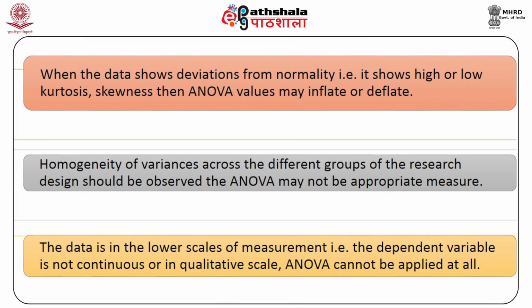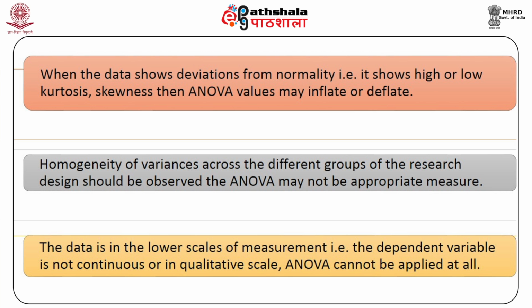So, when the data shows deviations from normality, that is, it shows high or low kurtosis or skewness, then ANOVA values may be inflated or deflated. That is, in non-normal data, deviations from normalcy, whether skewness or kurtosis, would lead to a distorted value of ANOVA, and application of ANOVA in such circumstances is not permissible.